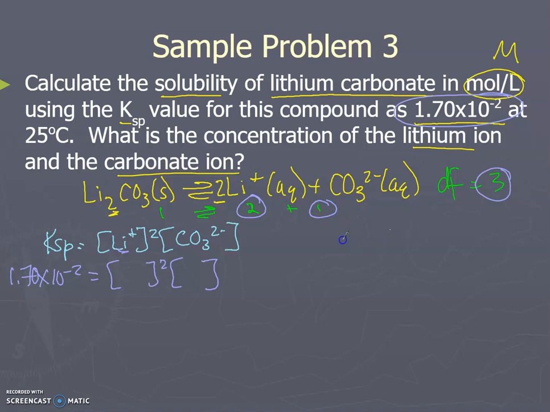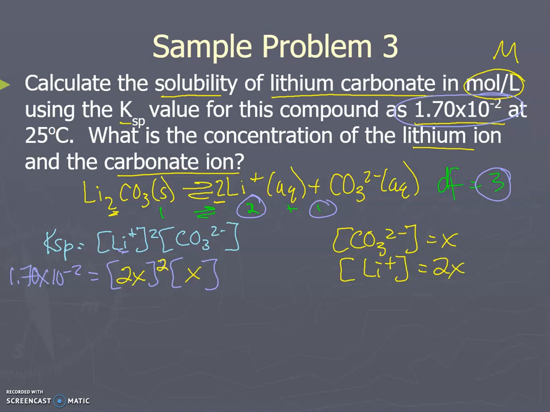So my concentration of CO3 2 minus can exist as X. My concentration of lithium will be double the amount, 2X. So I'm going to put 2X here, and I'm going to square it, and I'm going to have the concentration of CO3 2 minus, my carbonate, as X.